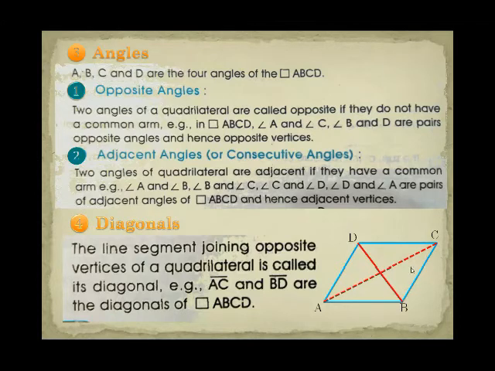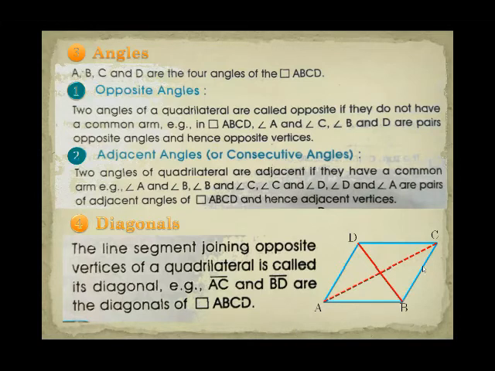Also vertex B and vertex D are joined with a line segment. So this line segment is also called the diagonal of the quadrilateral. For example, the line segment AC and the line segment BD are the diagonals of the quadrilateral ABCD.